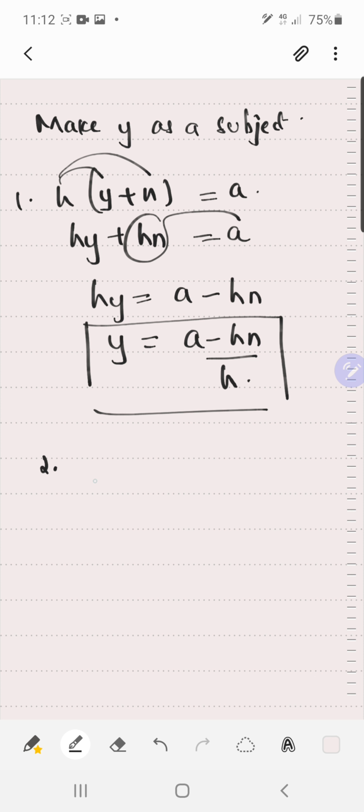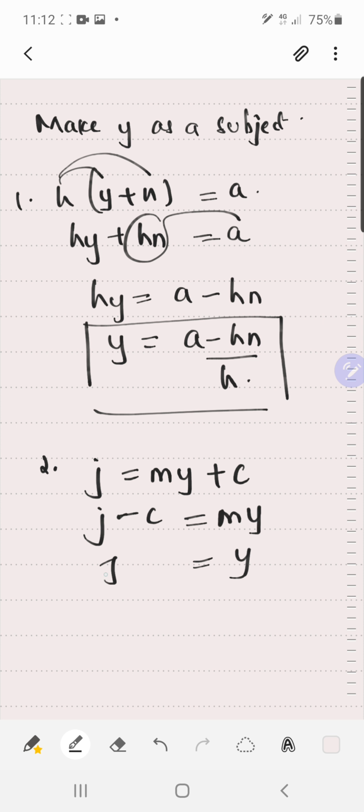Problem number 2. j is equal to my plus c. You have to make y the subject. So j minus c is equal to my and y is equal to j minus c upon m. So this m will go here into division.